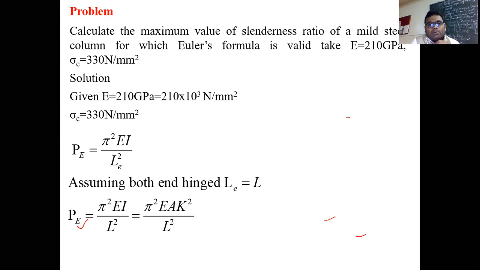We all know the Euler formula: P is pi square EI upon LE square.